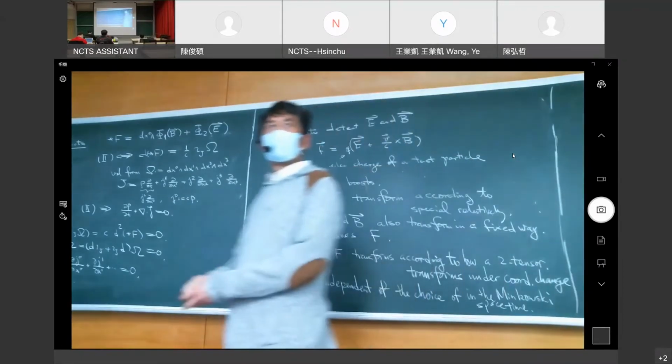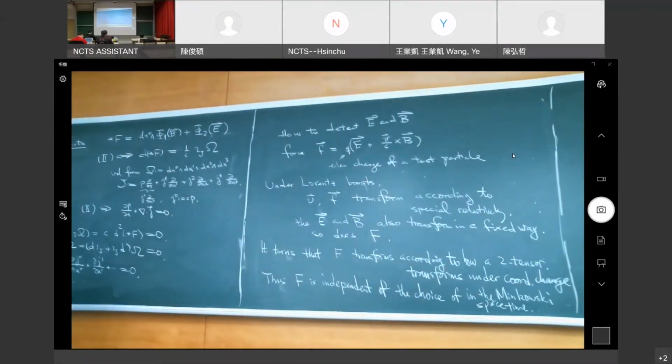Now, the second thing. So this is one aspect of physics that we should not forget after seeing the mathematical formulation.